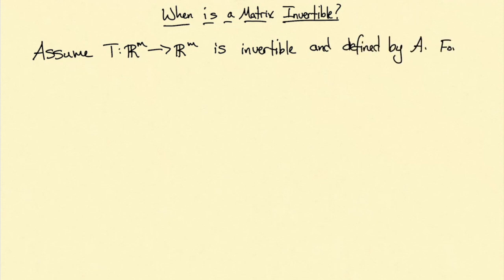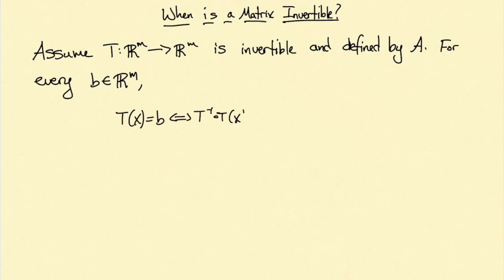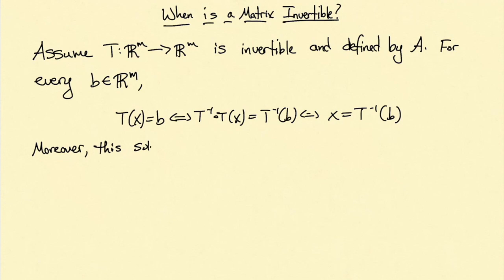So our first observation is that for every b in R^m, b must necessarily lie in the span of the columns of the matrix A. And this is because of the invertibility. And moreover, the solution to such an equation is necessarily unique.